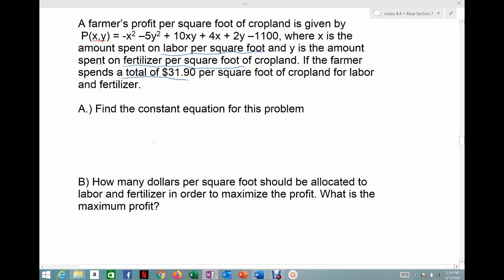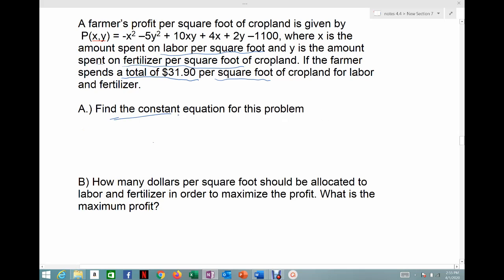He allocates $31.90 to spend on 1 square foot of cropland, which he has to split between labor and fertilizer, and he has to figure out how he should split that $31.90 to optimize his profit equation.